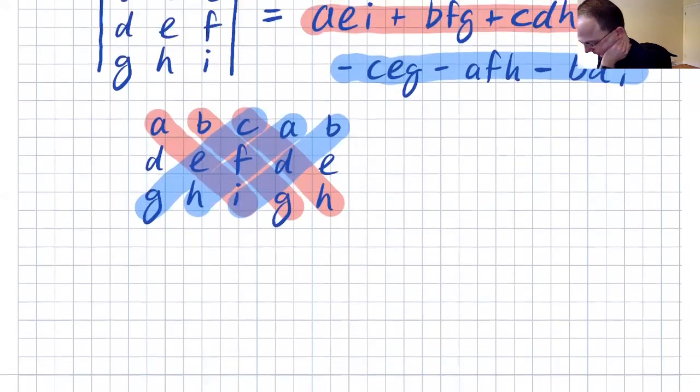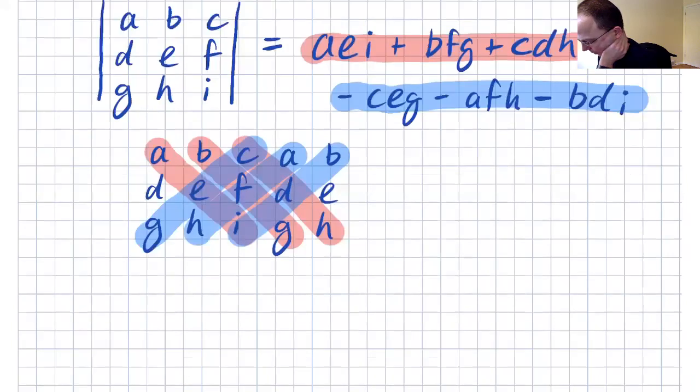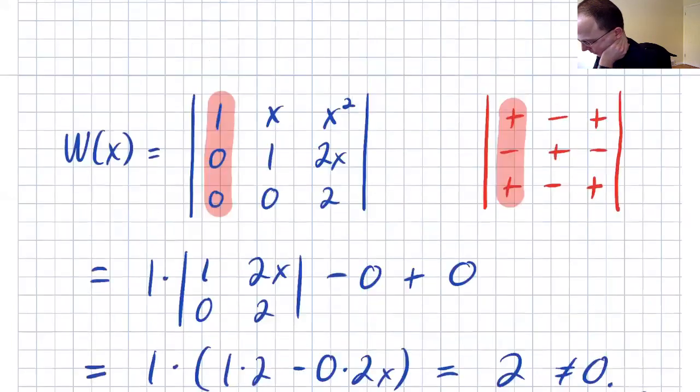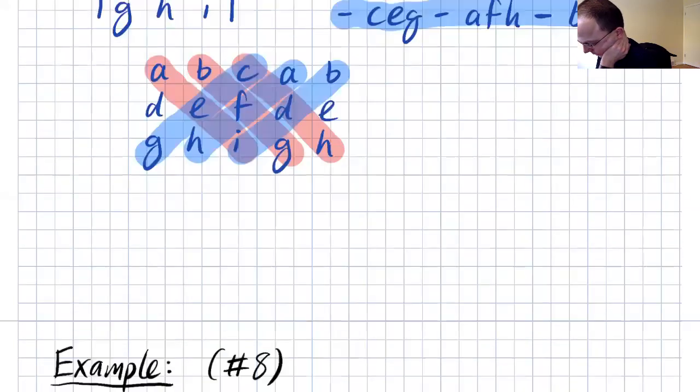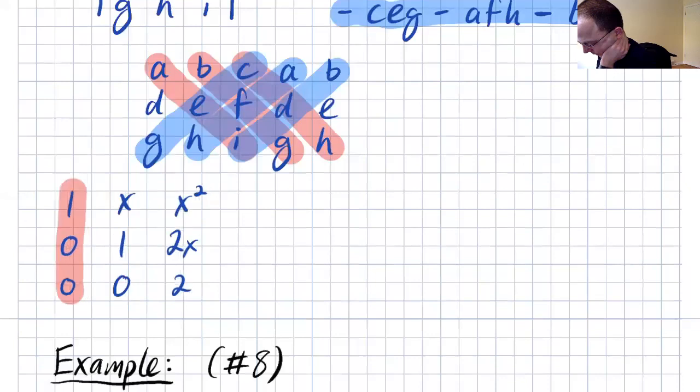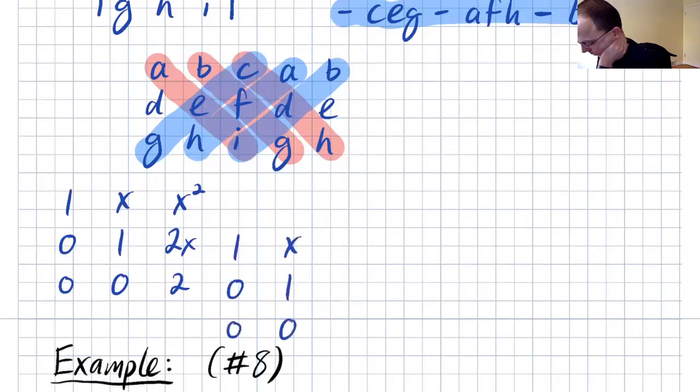I guess we could do that example that we had from above. We'll take this 3 by 3 and paste it there. Then I'll take the first 2 columns and put them over here, and then I'll highlight.